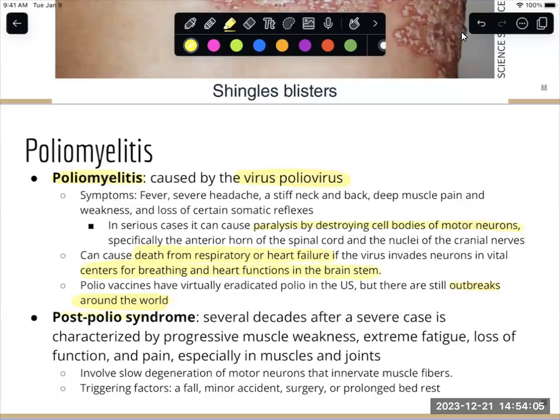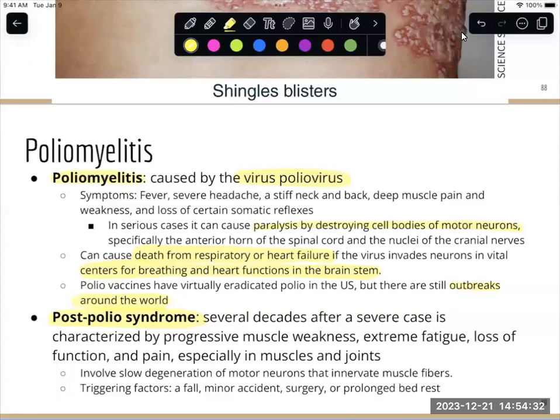Post-polio syndrome, depending on where you're going into healthcare, you may not see this much longer, maybe in the next decade or two at most. People that were alive when polio was first introduced into this country are getting up there in age now.